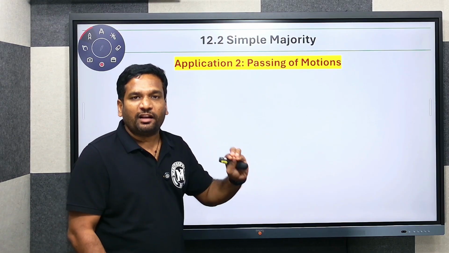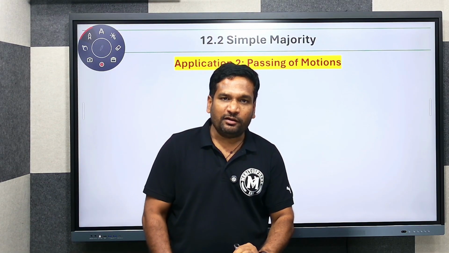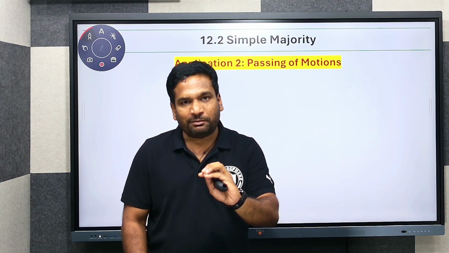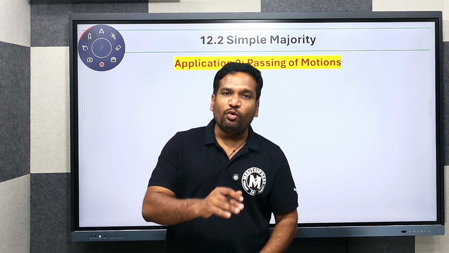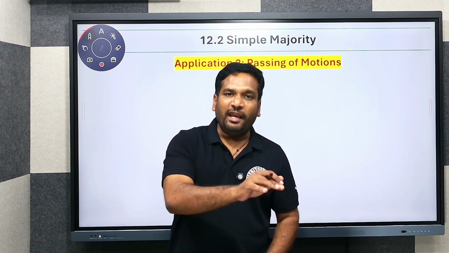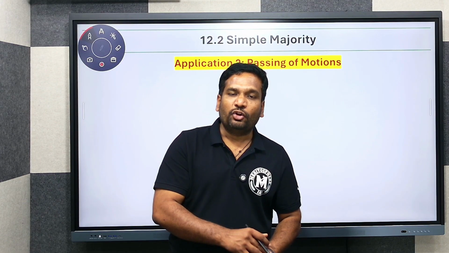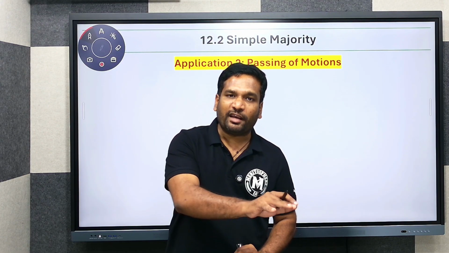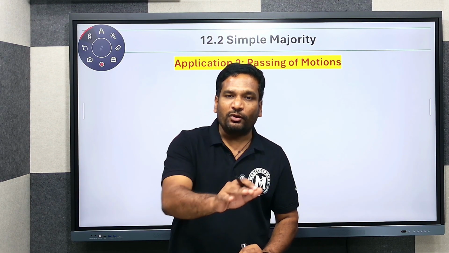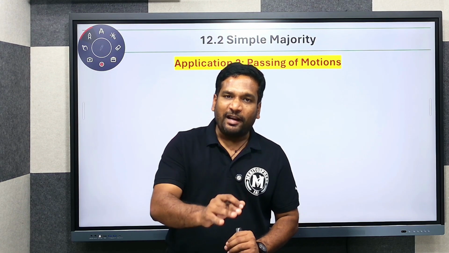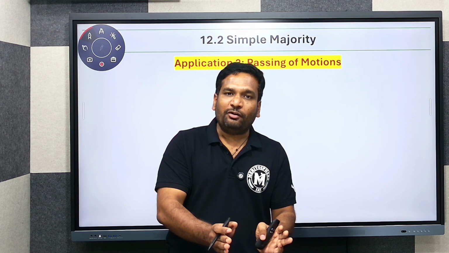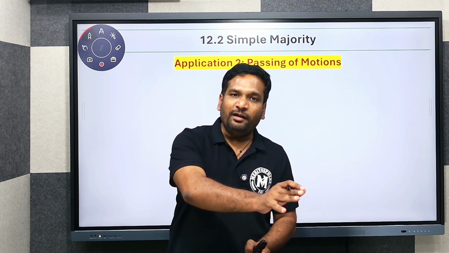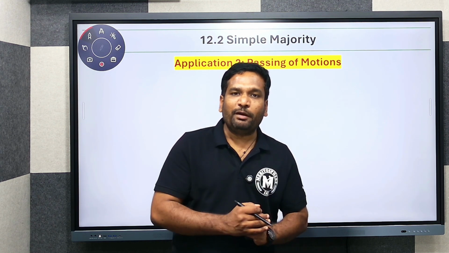Here the motions are the tools that are available with the Lok Sabha. Motions are available with Lok Sabha only, and Rajya Sabha has no such motions, because through motions the Lok Sabha can exercise control over the executive and make the executive accountable to the legislature, that is the Parliament. The Lok Sabha is the House of Representatives directly elected by the people of India.